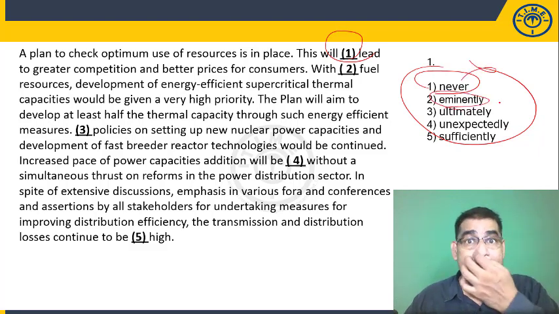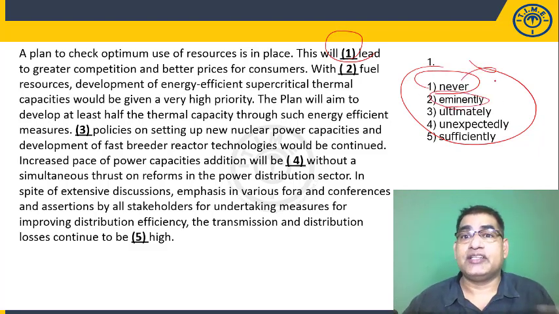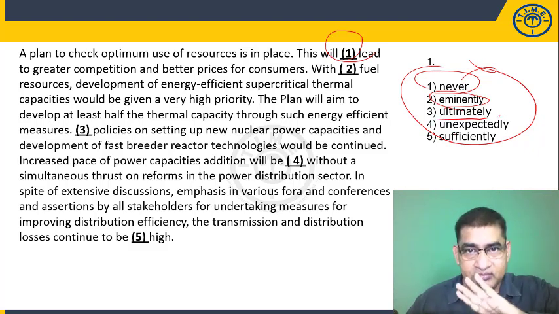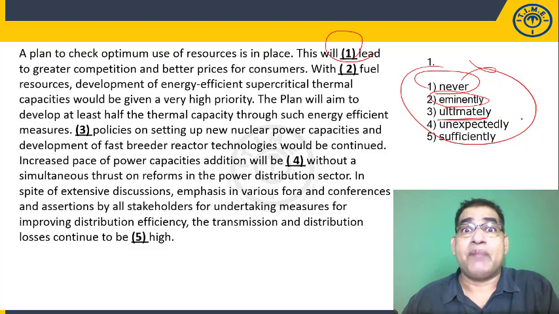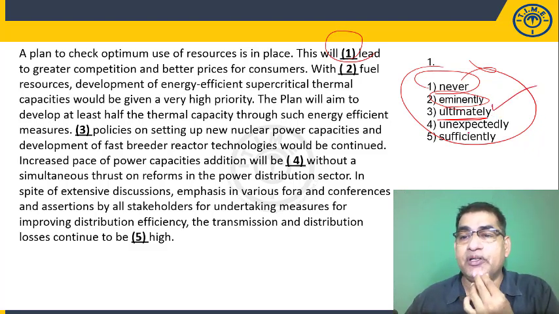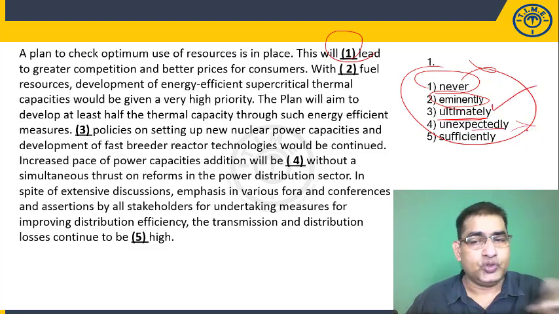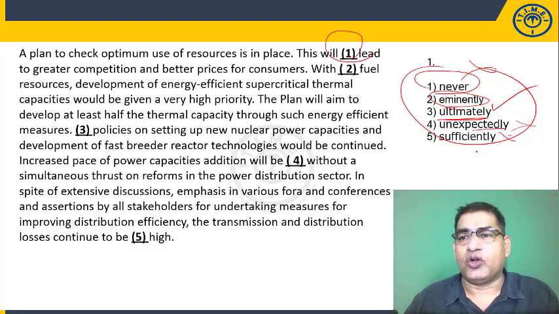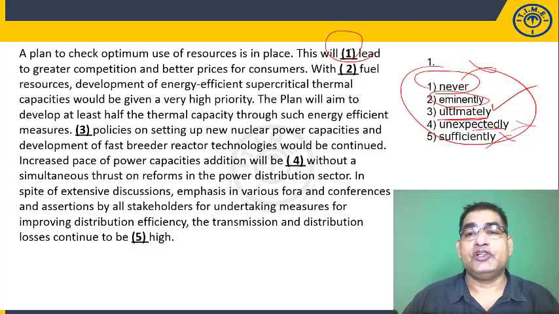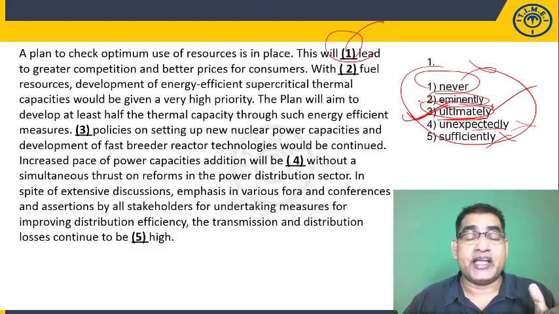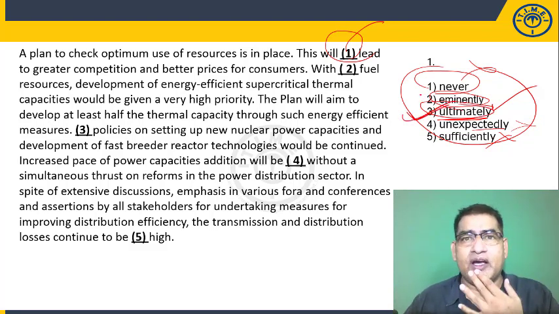Eminently means very greatly, not the same as surely. Ultimately is possible. You see, ultimately is like, I am very sure that it will happen in the end. Unexpectedly is the opposite of what we are thinking. Sufficiently is out of scope. So this will surely means finally, ultimately lead to. So the best answer has to be 3. I hope it is clear.